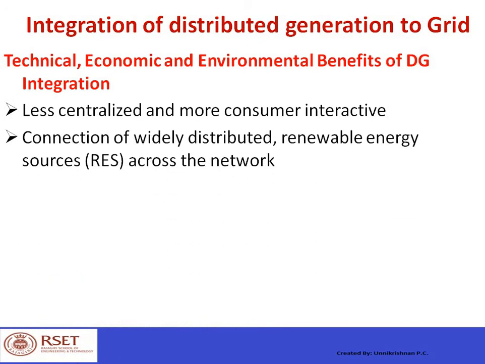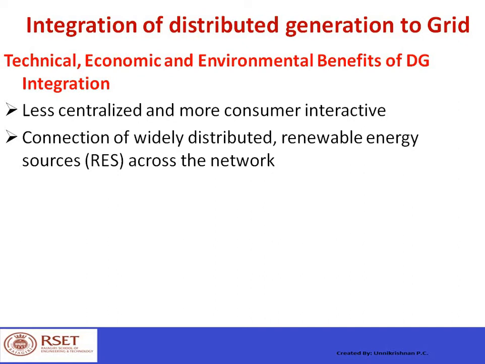Connection of widely distributed renewable energy sources across the network. That is very important. All the distributed renewable energy resources across the network, they are now connected together through the grid.